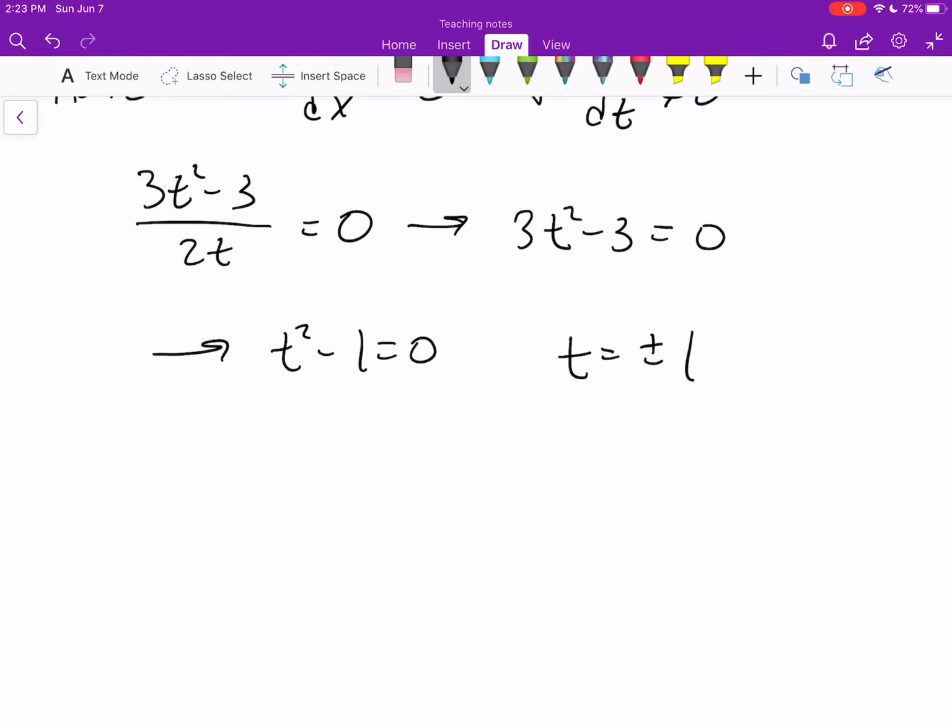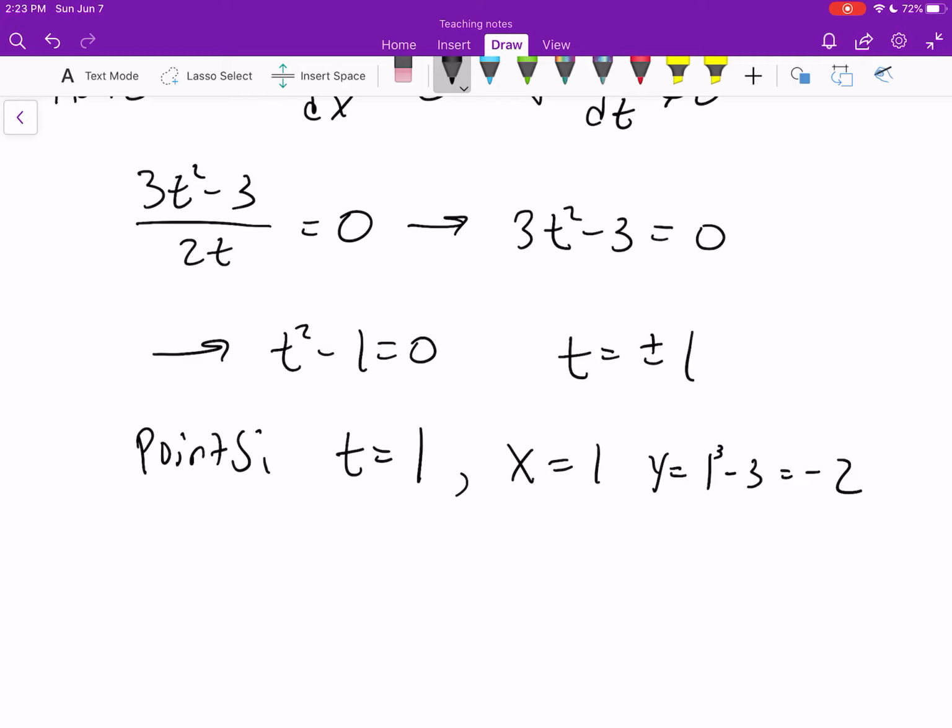Let's go ahead and figure out the x and y coordinates. Let's figure out the points where that happens. At t is equal to 1, x is equal to t squared, so I'm going to get x is equal to 1. y is equal to t cubed minus 3t, so I'm going to get 1 cubed minus 3. This is minus 2, it looks like.